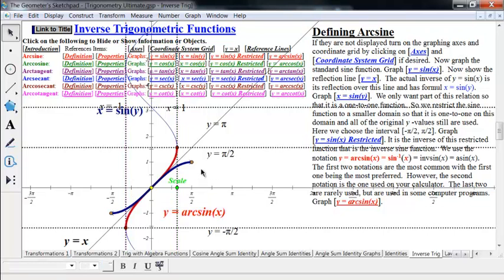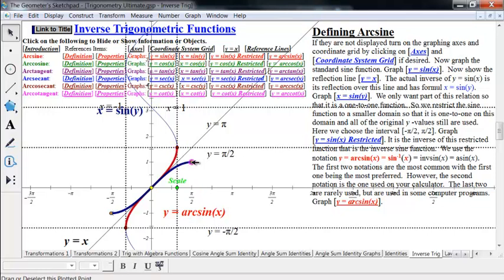So, what are these points here? What's this point right here on the sine graph? Well, it's x equals pi over 2 and y equals 1. So what's the corresponding point on the inverse? It's going to be right here, and we switch the ordered pairs, so that's going to be 1 comma pi over 2.